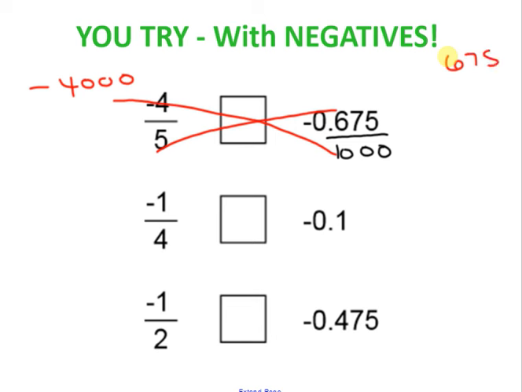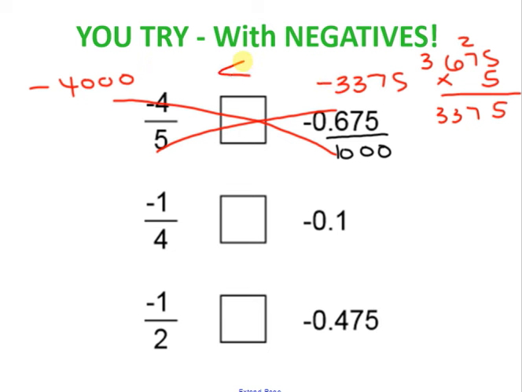So 675 times 5. Okay, 5 times 5 is 25. 5 times 7 is 35, and then plus 2 is 37. 5 times 6 is 30, plus 3 is 33, and so this is going to be negative 3,375. So negative 4,000 and negative 3,375. Negative 4,000 is less than.